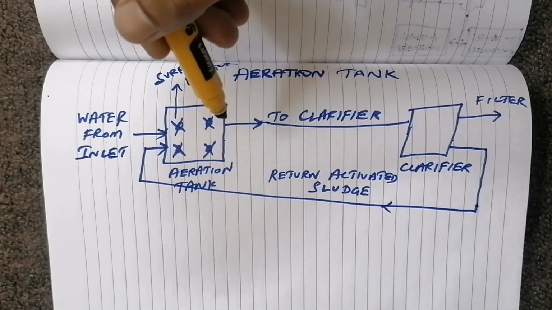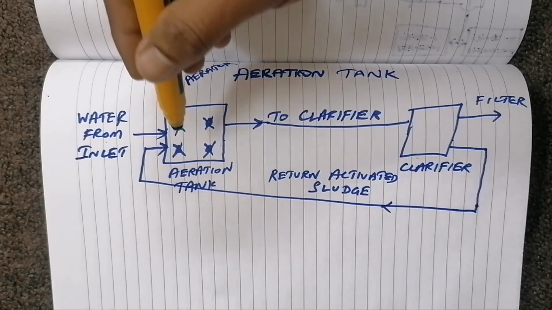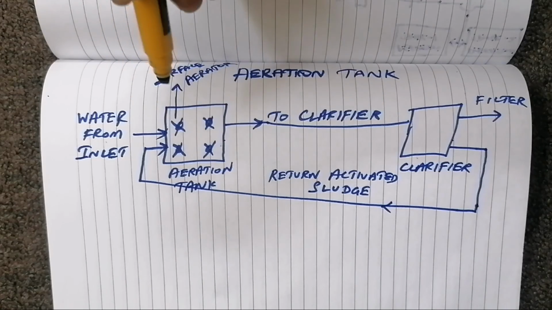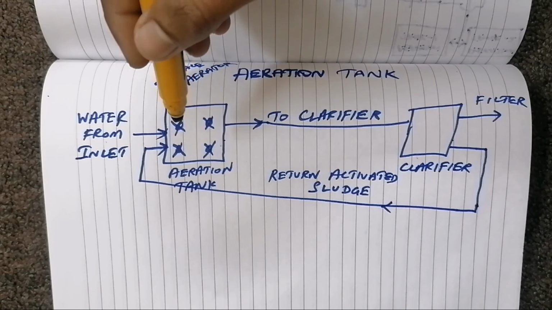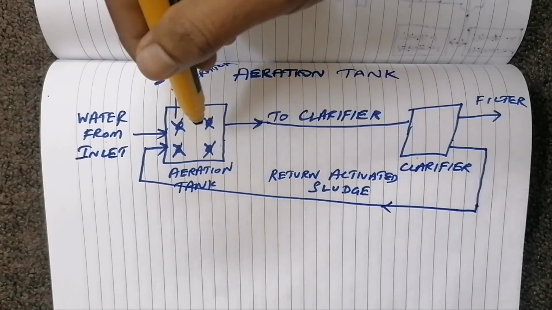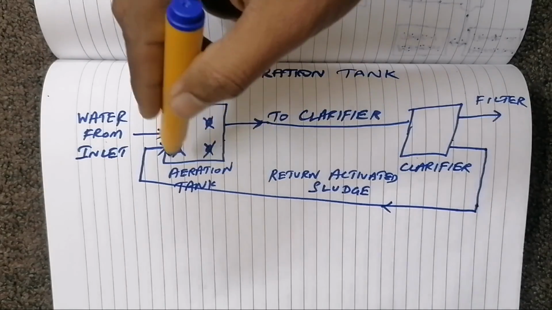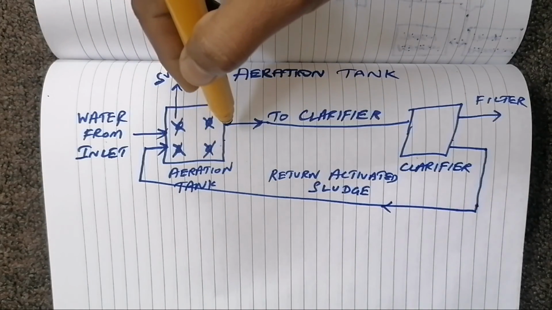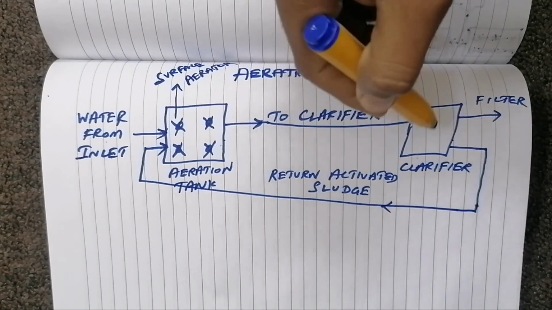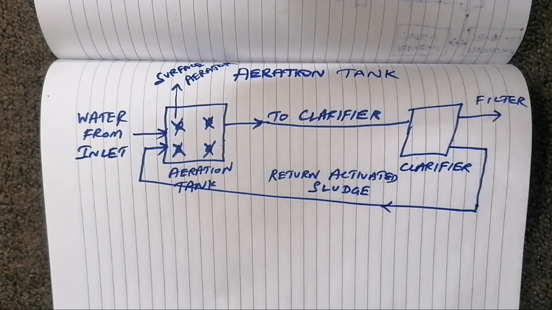Nitrate is non-toxic, so our water is purified by using the two bacteria, nitrosomonas and nitrobacter. For that we are giving air. Once this biological process has happened, the water goes from the aeration to the clarifier. The clarifier will settle down the sludge.